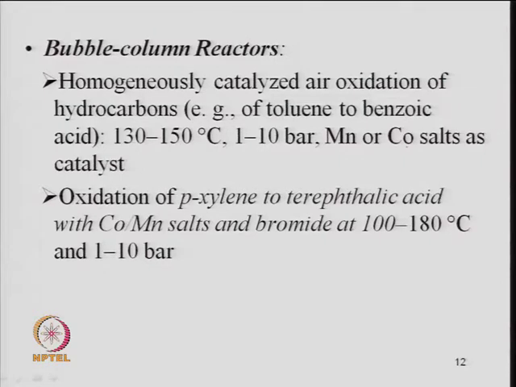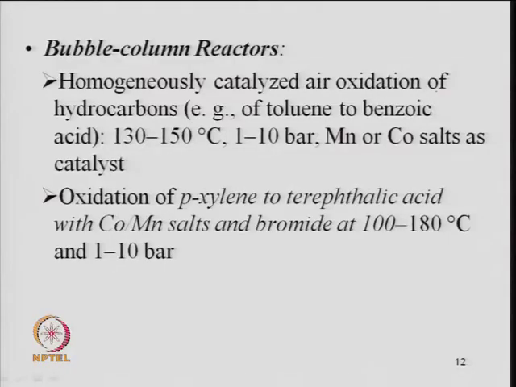So, it is a kind of wet air oxidation, right, in the presence of some homogeneous oxidizing catalyst like hydrogen peroxide, right. So, toluene to benzoic acid, temperature is around 130 to 150 degree centigrade and pressure is around 1 to 10 atmosphere. Manganese or cobalt salts are used as a catalyst, they are soluble in it. So, it becomes a homogeneous system. For the same case, a heterogeneous catalyst can also be used. So, it is an example of homogeneous catalysis done in a bubble column reactor.